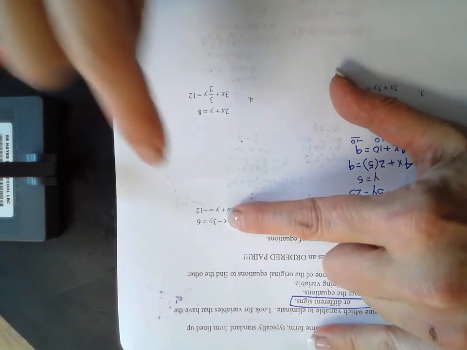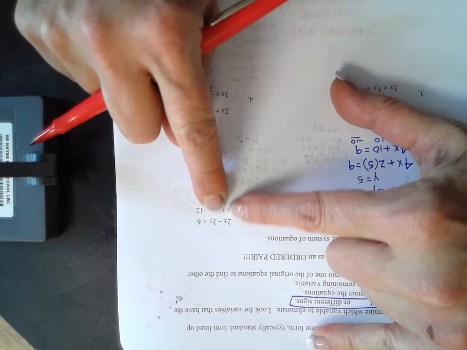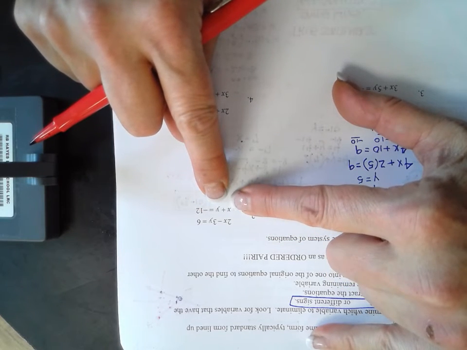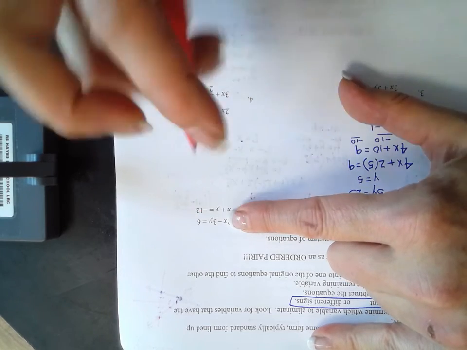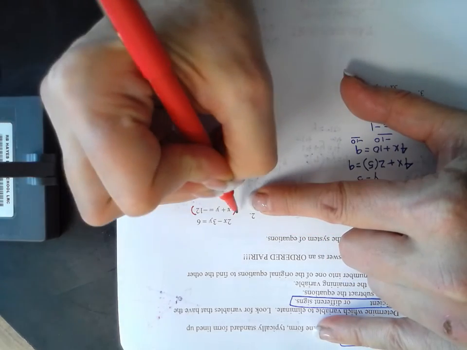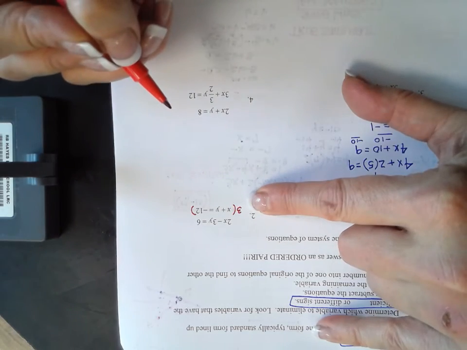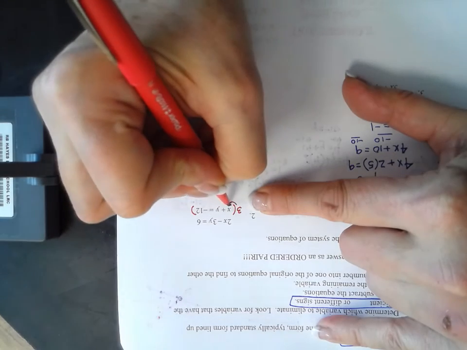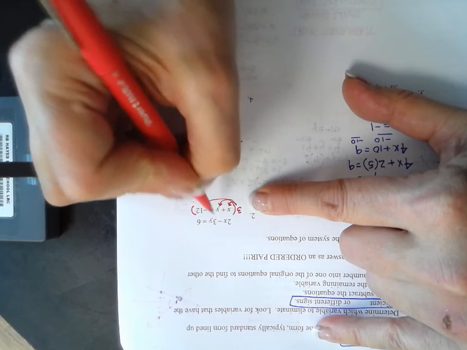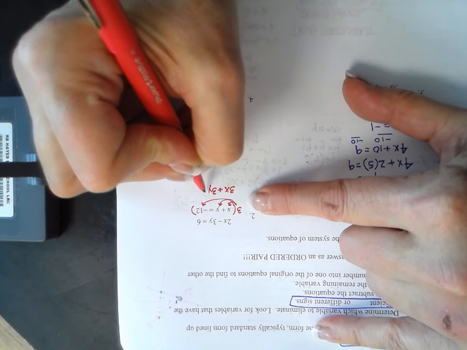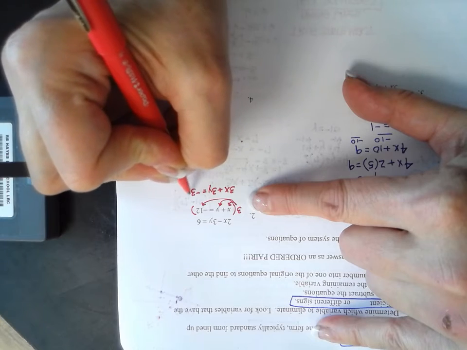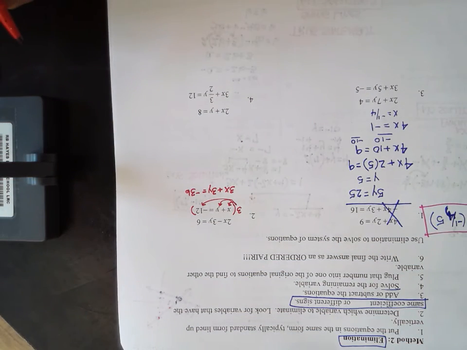So, I would have picked Y because one's negative and one's positive. I don't have to worry about the sign. But this one's a 3. So, if I multiply this one by 3 and distribute, I get 3x plus 3y is equal to negative 36.